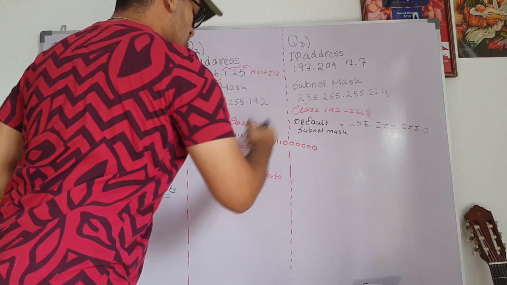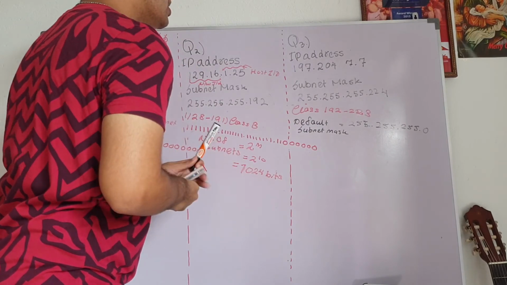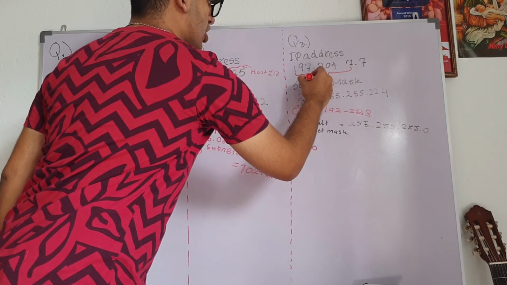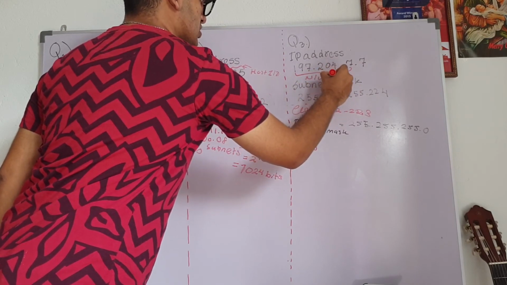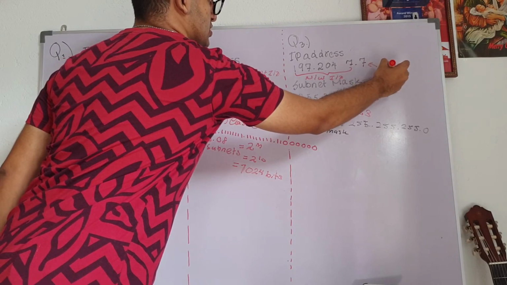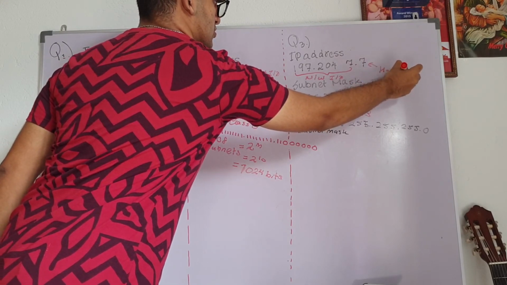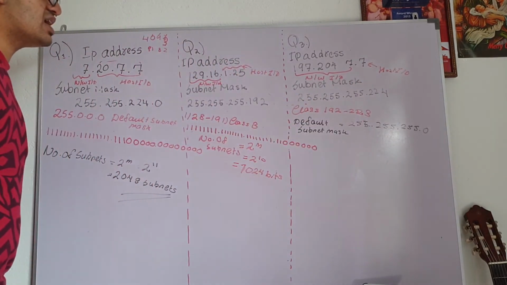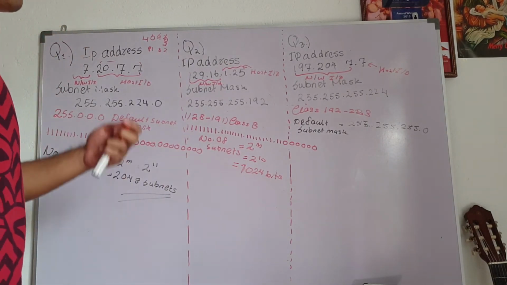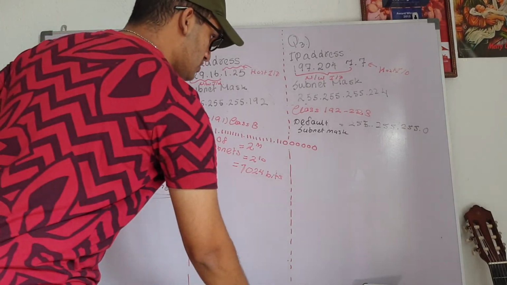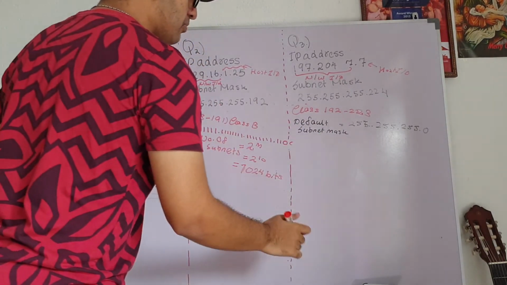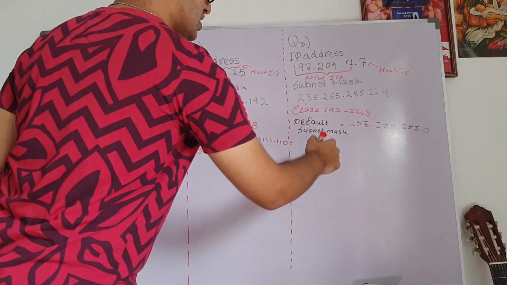The network ID of this address is going to be the first 3 octets, and this is going to be the host ID. So now that we know the network ID and the host ID, we can find the number of hosts and the number of subnets. The last octet is 224.